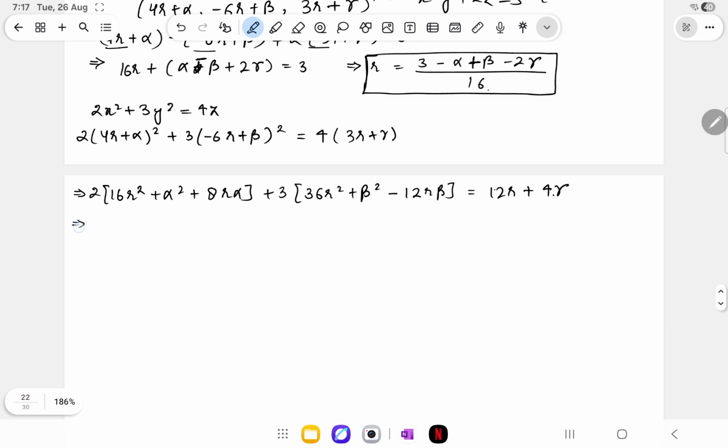So I can club the coefficients of r square, r and the constant terms.